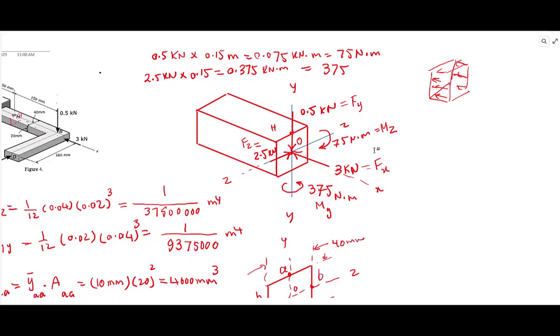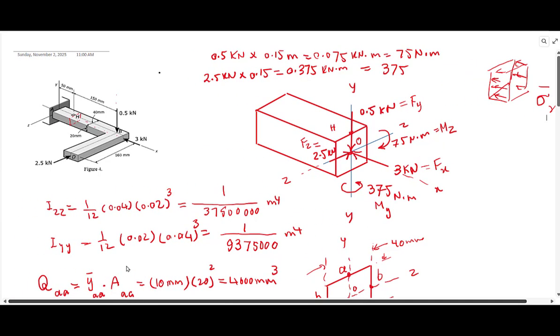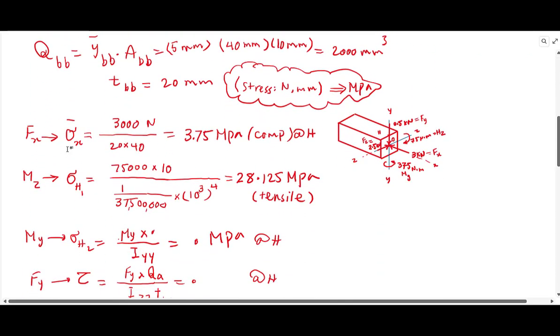So this is the uniform stress. We call this sigma average x, and that sigma average x is the first step you calculate. So that is 3000 newton divided by the cross-sectional area in millimeter.